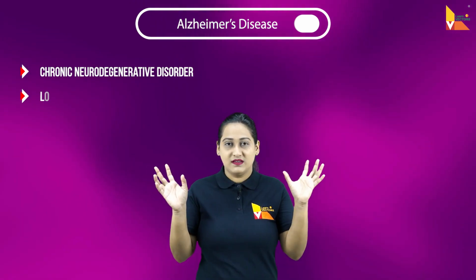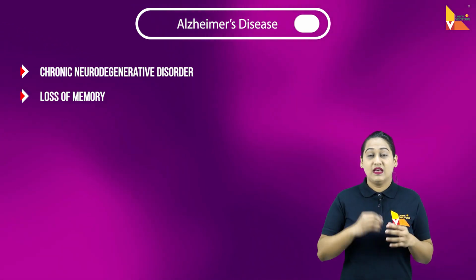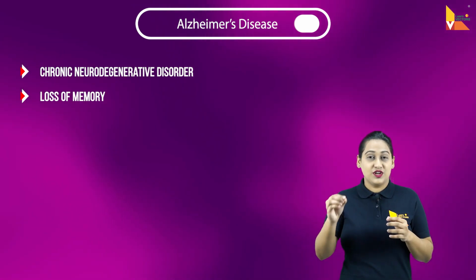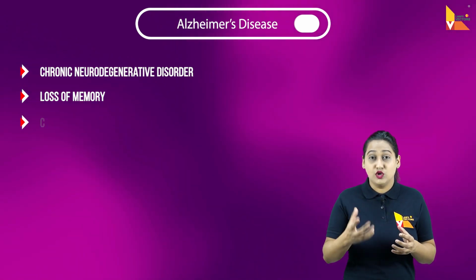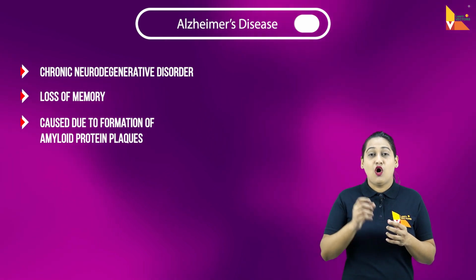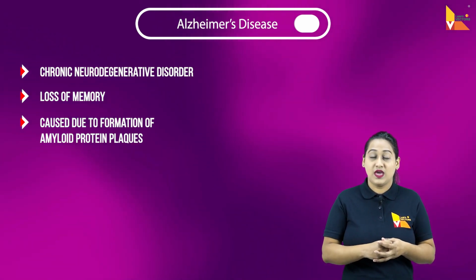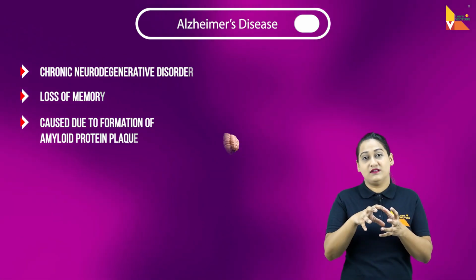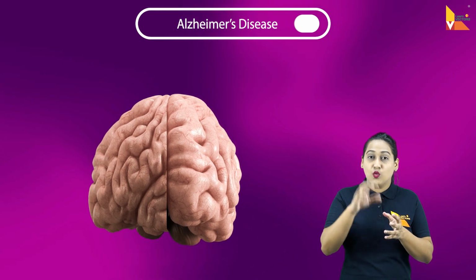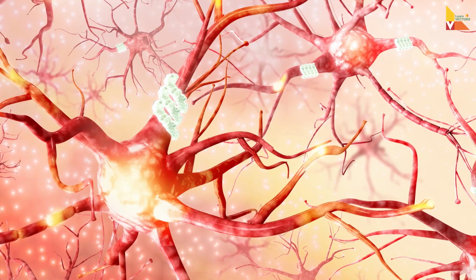The memory is slowly lost. This neurodegenerative disorder is caused due to the formation of amyloid protein plaques. Okay? And these plaques get deposited in the brain, which then hampers the working of neurons.